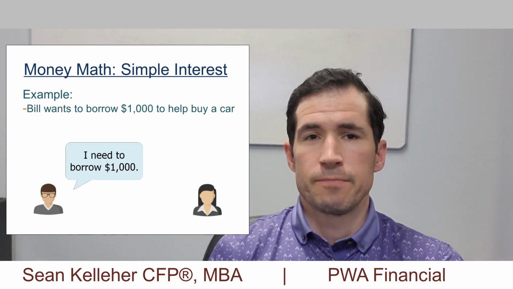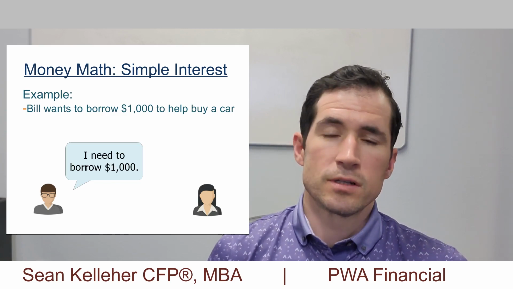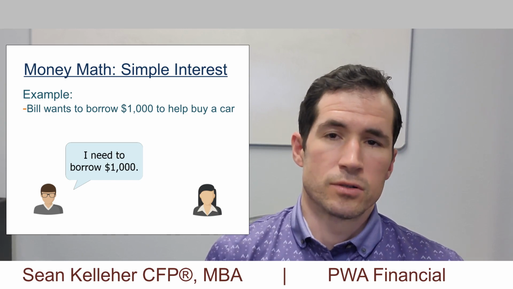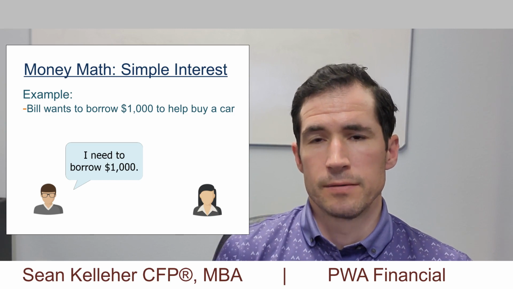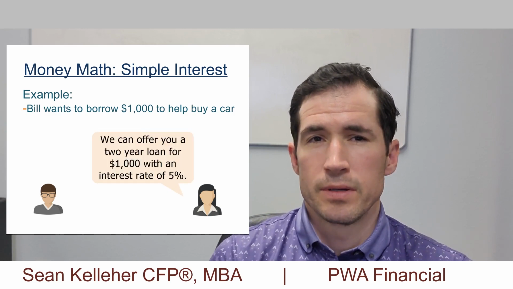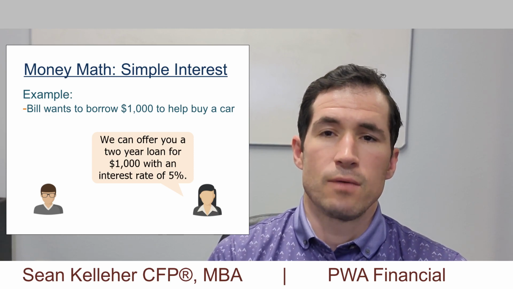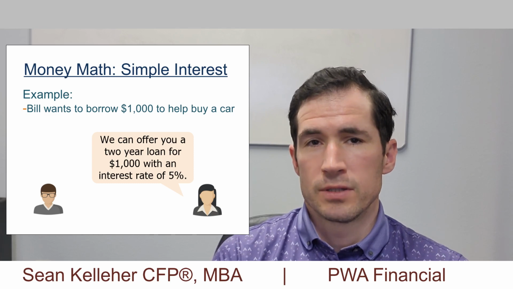Let's look at an example of simple interest when borrowing. Bill wants to borrow $1,000 to buy a car. Bill goes to the bank and he talks to Sally, who works in the loan department. Sally evaluates Bill's financial history and she decides to offer Bill a $1,000 loan with an interest rate of 5%.